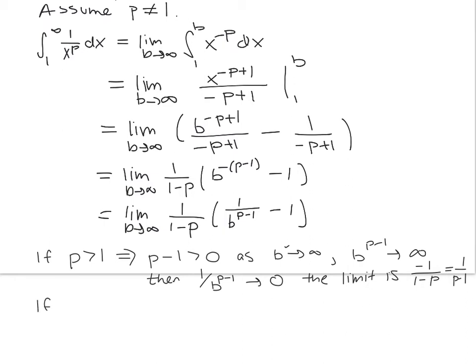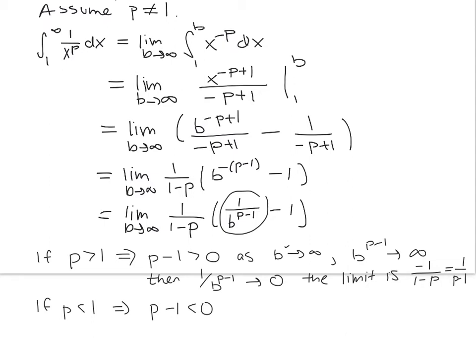Now, if p is less than 1, well, that tells you that p minus 1 is less than 0. So think about what that means. That means that the power is negative. So you have something like 1 over b to the negative 2, which actually reciprocates and puts it back in the numerator.